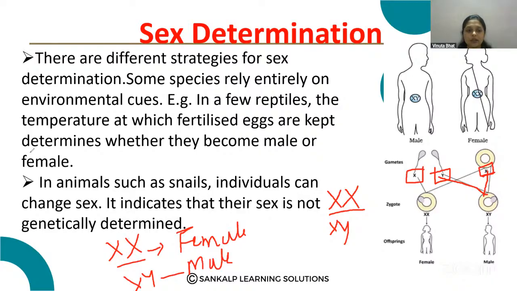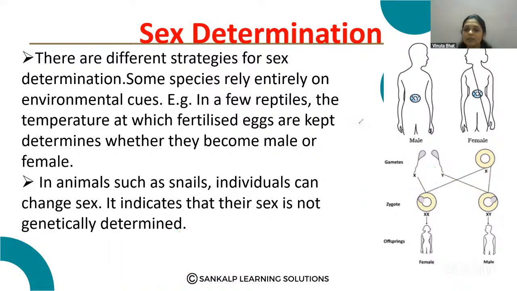Okay, so in human beings, I hope this concept is clear. I explain once again. Males always produce the gametes called sperm, and females produce the egg. The sperm may contain either X or Y chromosome. But the egg always contains which chromosome? X chromosome.